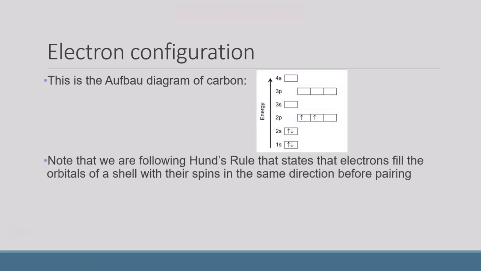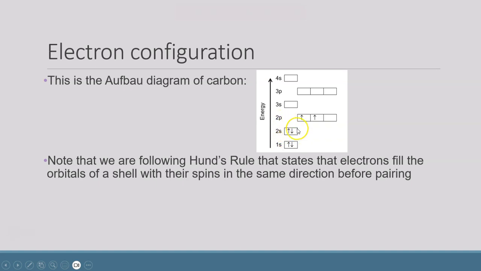Now, carbon is where we can see Hund's rule in action, because the first energy level is going to be filled up as far as the s shell is concerned. There's only an s shell. The 2nd energy level is going to be filled up at the s shell.